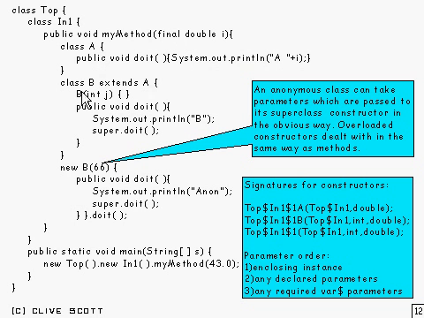So its constructor is also going to need to have that passed in. So besides that integer, it's also going to require that double, so that it can pass it on to the constructor for A. And this version of doIt just prints out B, and then it calls the superclass's version of doIt.